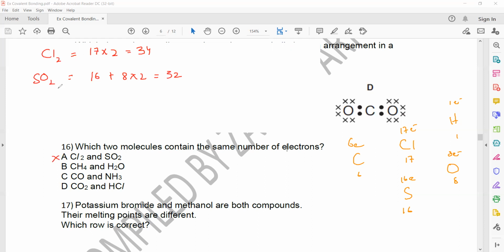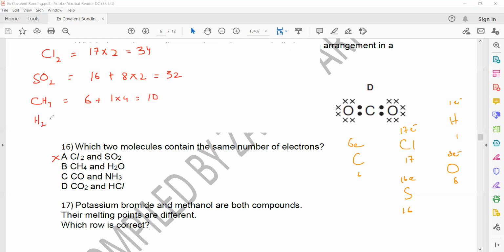What about option B? When we check CH4, carbon has atomic mass 12 and 6 electrons, plus hydrogen has 1 electron multiplied by 4. So 4 plus 6 equals 10 electrons.